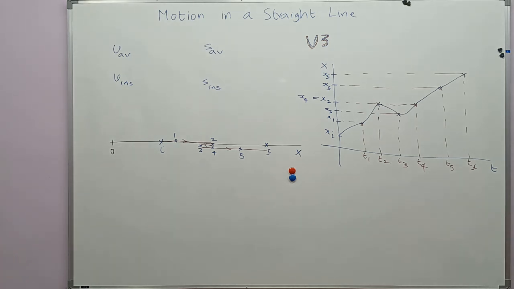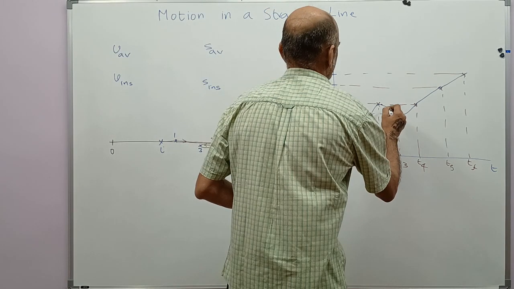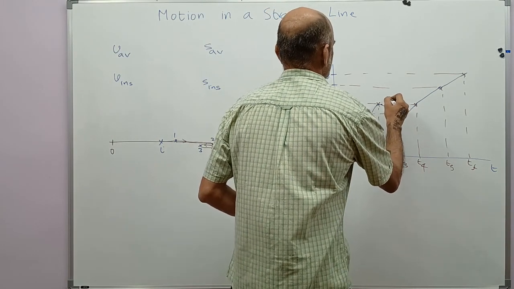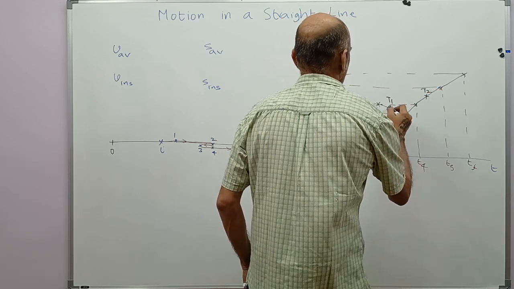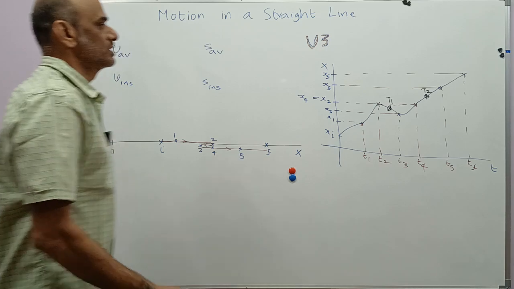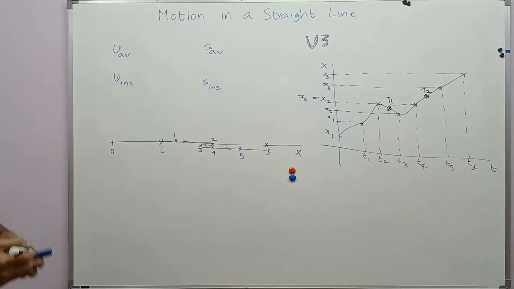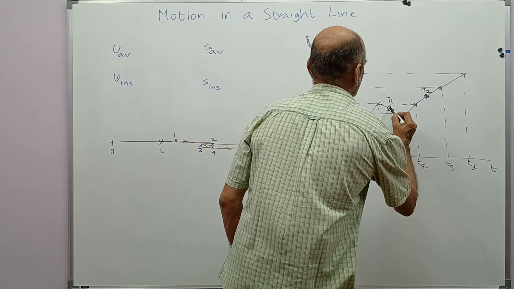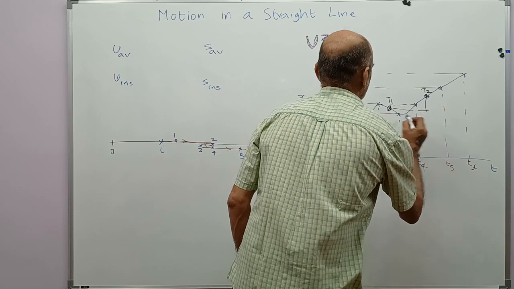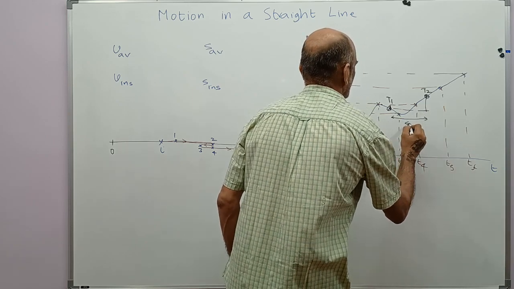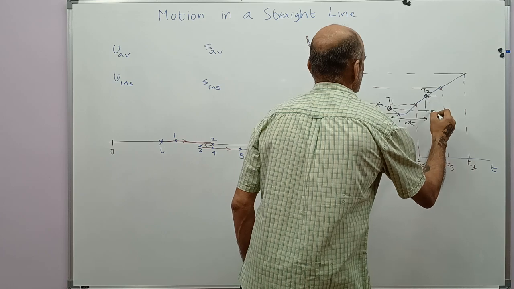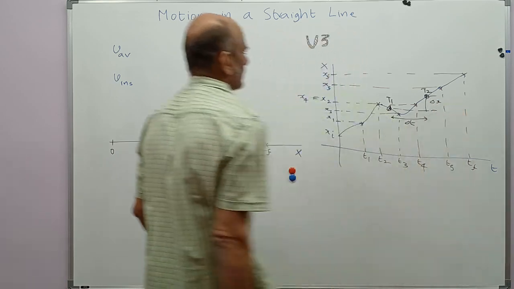Average velocity is defined between any 2 points. Suppose I take this point, say t1, and another point, say t2. Between these 2 points, I can define average velocity. That time interval between these 2 points is delta t, and the corresponding change in position is delta x.